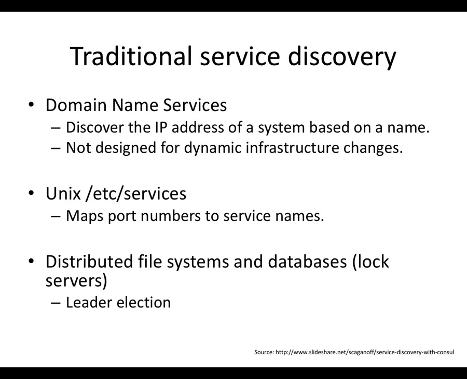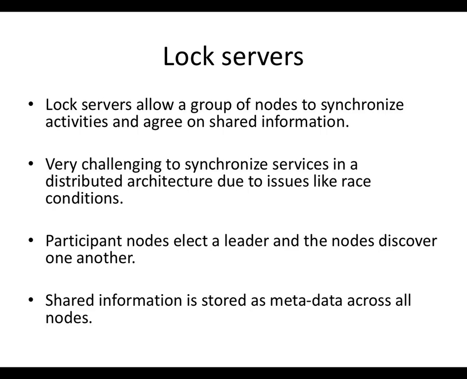And lock servers leverage what's called a leader election process, and I'll explain what that means shortly. So, lock servers: it's a mechanism that allows a group of servers to coordinate with one another and store common, shared data.